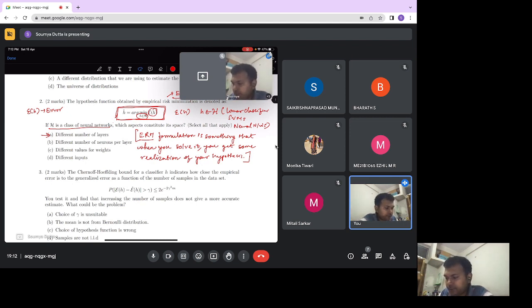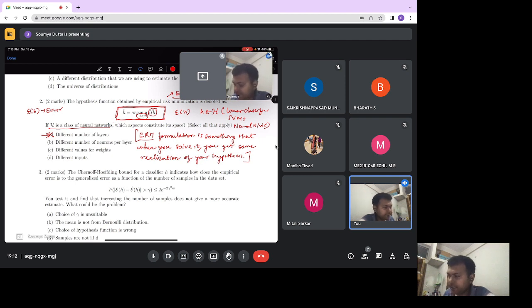When you have been taught neural networks, you have seen that the number of layers in a neural network is basically a hyperparameter. It is not something that you can get just by doing gradient descent or backpropagation, and therefore the number of layers cannot be a constituent of the space of your hypothesis.